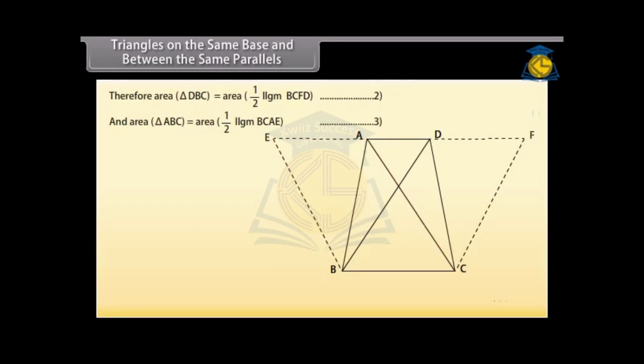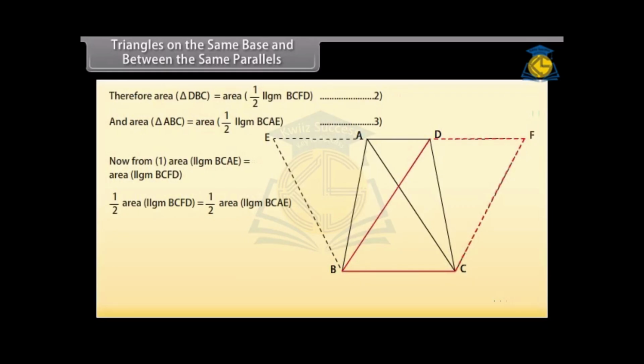Mark it as 3. Now from 1, area of parallelogram BCAE is equal to area of parallelogram BCFD, which implies that half of area of parallelogram BCFD is equal to half of area of parallelogram BCAE. Hence, area of triangle ABC is equal to area of triangle DBC.